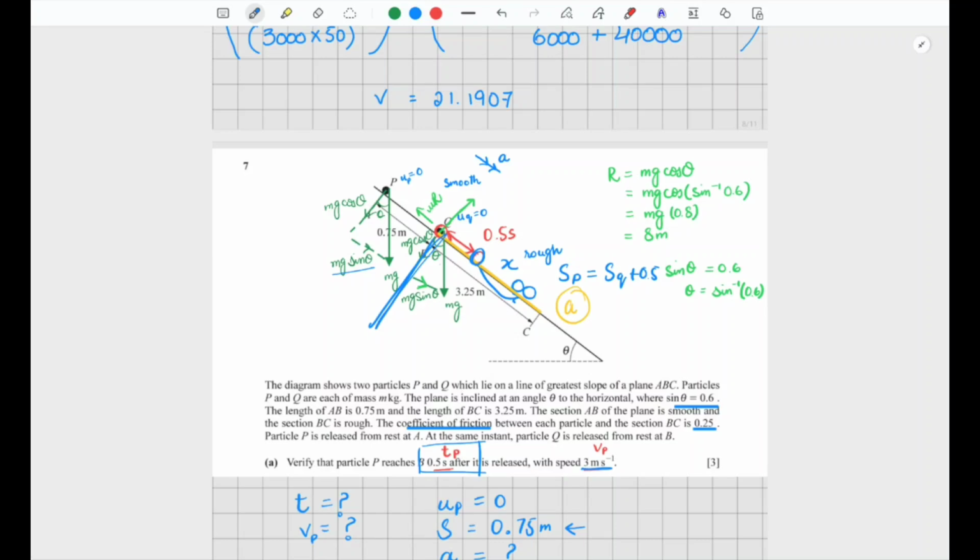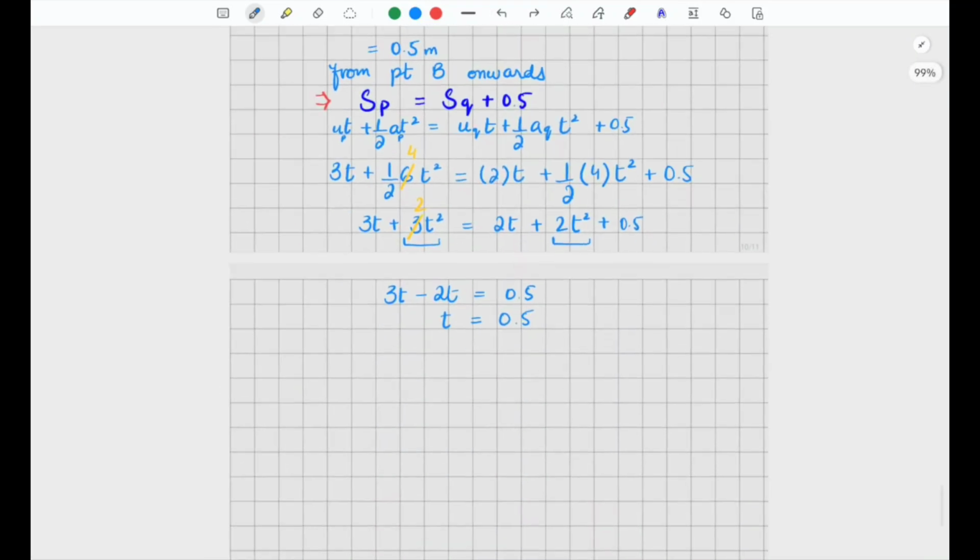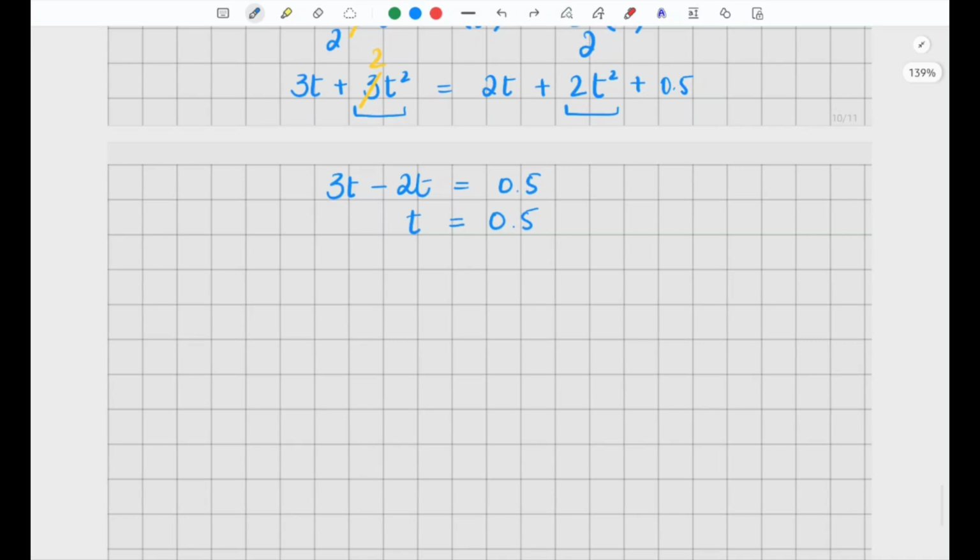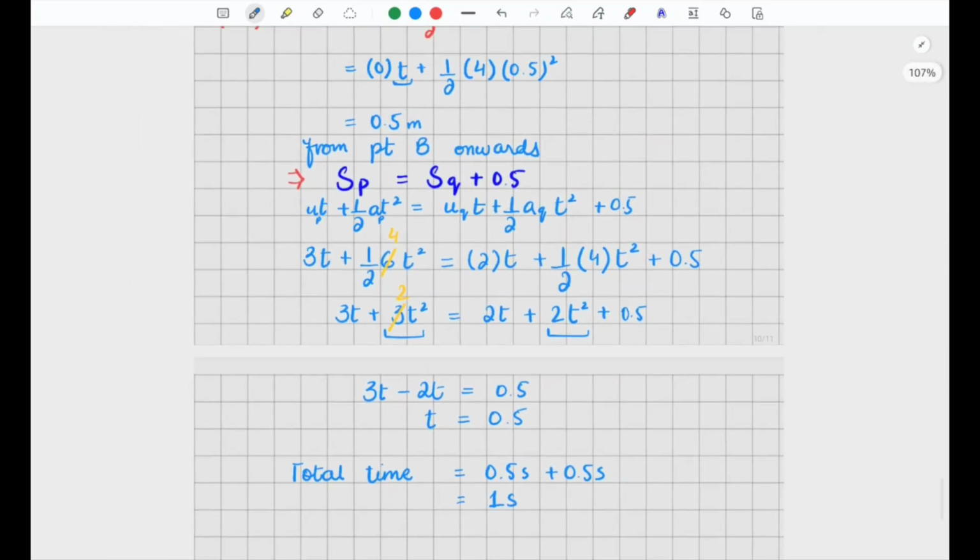We found that, and that is also 0.5 seconds. So the total time is equal to 0.5 seconds plus 0.5 seconds. So this will add up to 1 second.